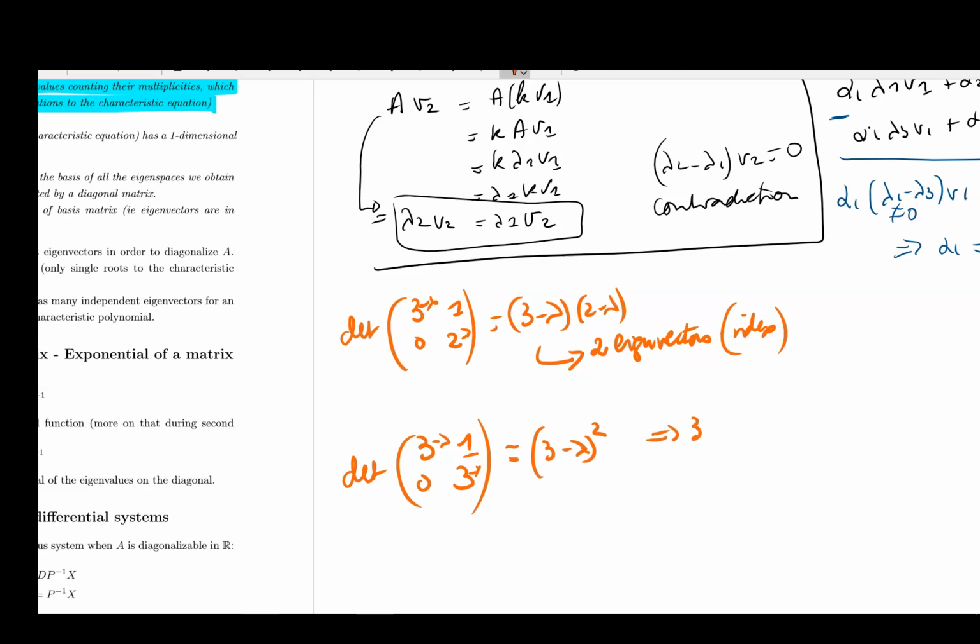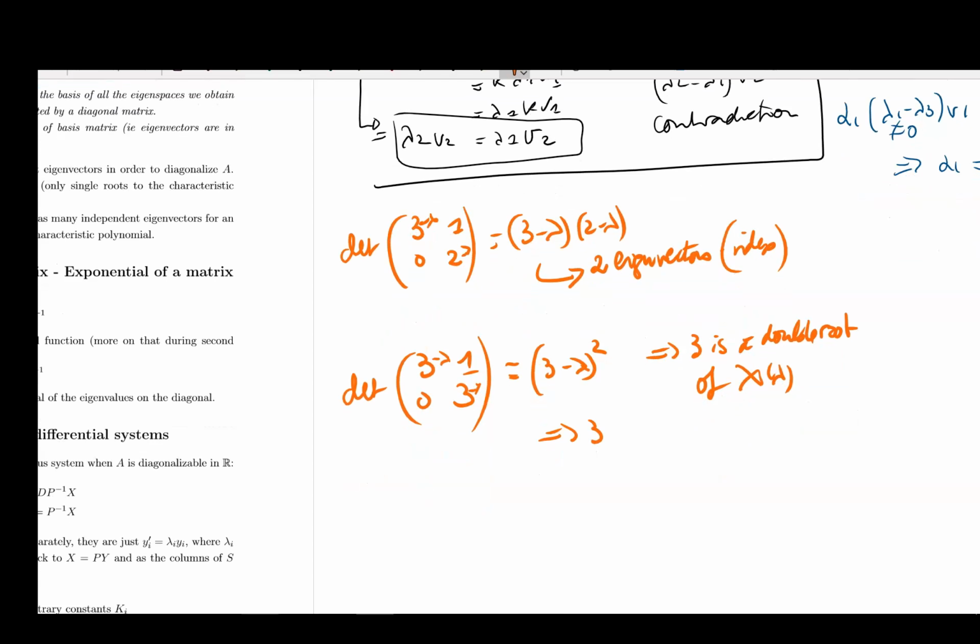It tells me that 3 is a double root of the characteristic equation, so 3 is a double eigenvalue. An eigenvalue of multiplicity 2, sorry. So the multiplicity of 3 is 2.